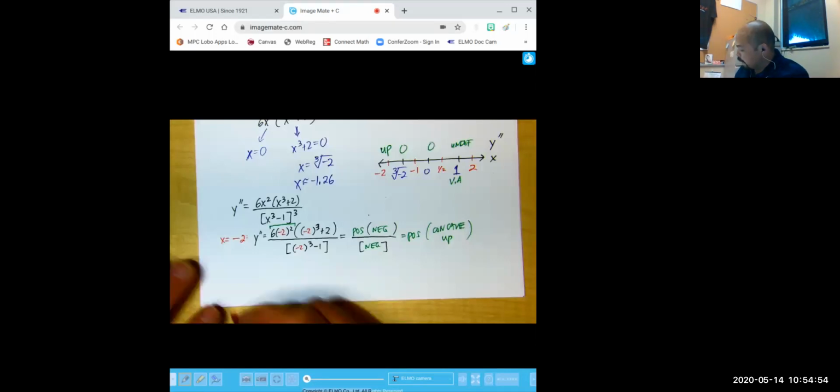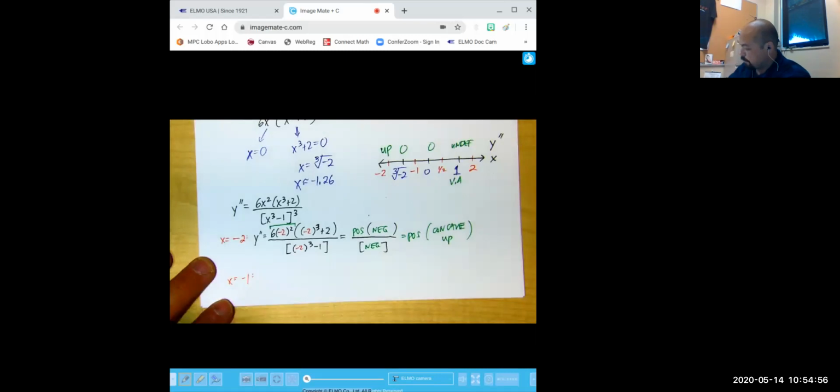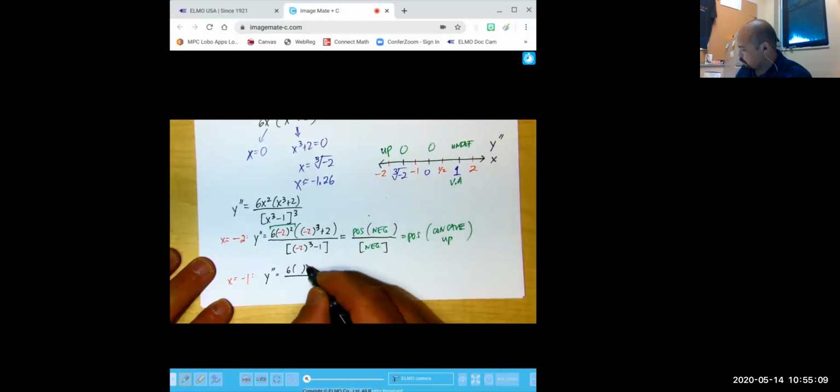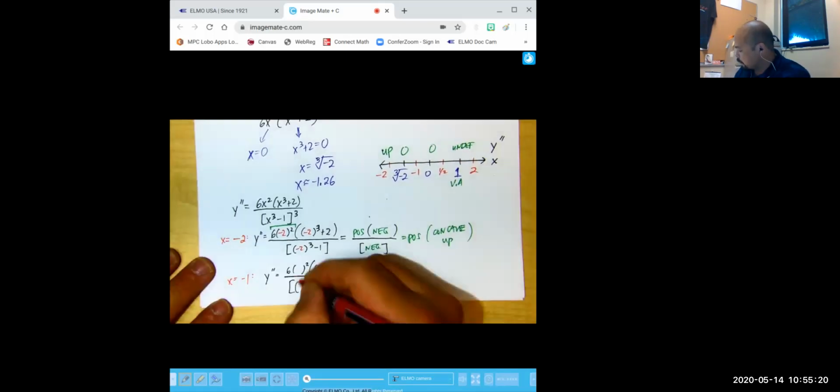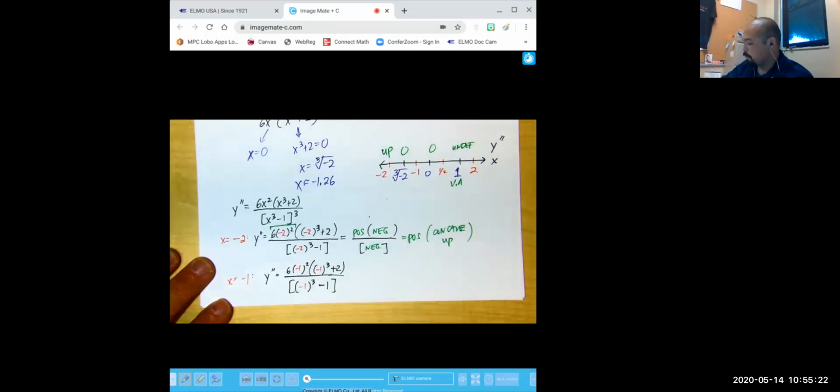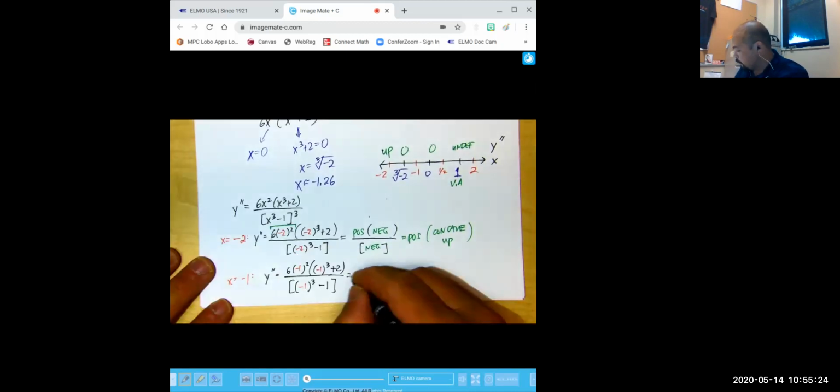With x equals -1, plugging that in, what are we going to get here?